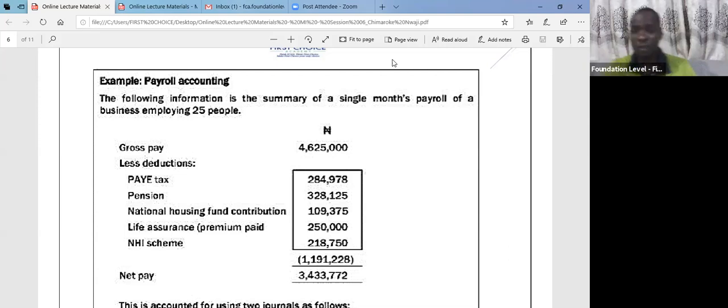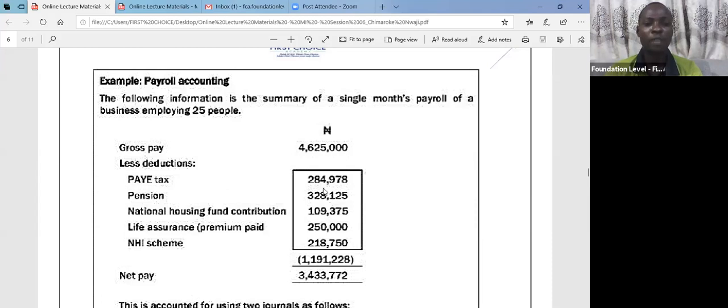But if you are involved in preparing salaries in your company, you know that gross pay starts from basic, then you see your transport and your allowances; all the allowances lumped together give you your gross pay. Now you see the deductions, because nobody is paid this gross amount. So there must be deductions. What are the deductions here?